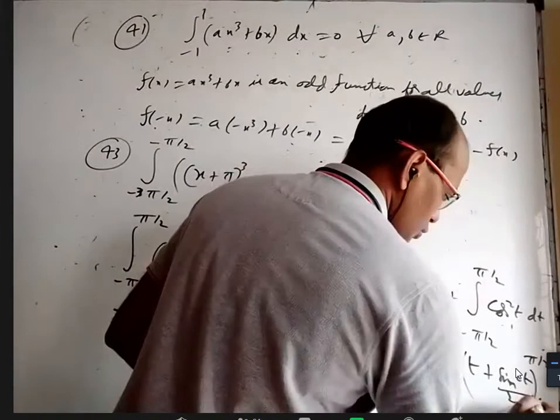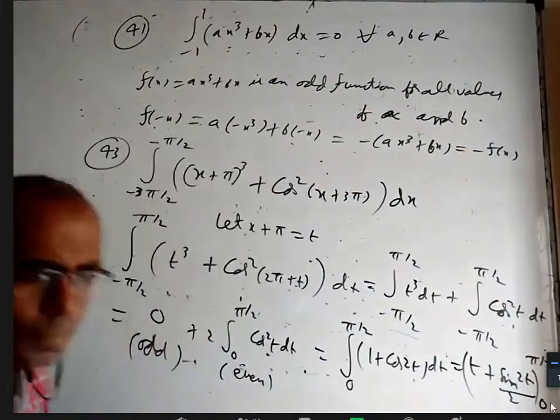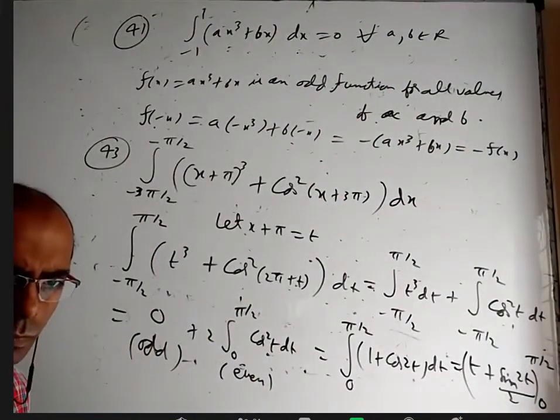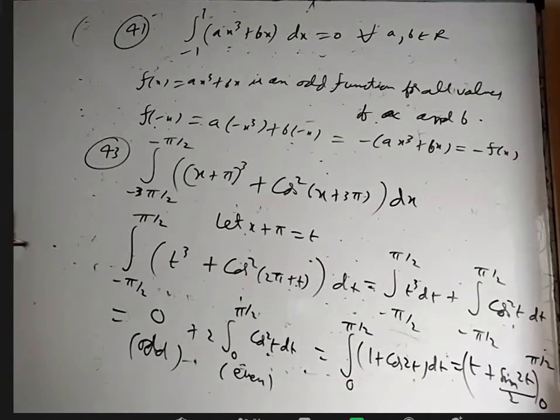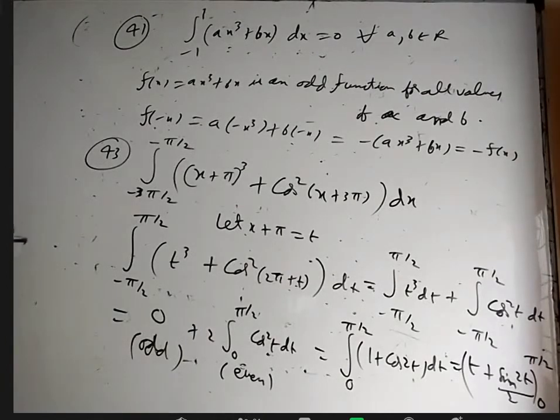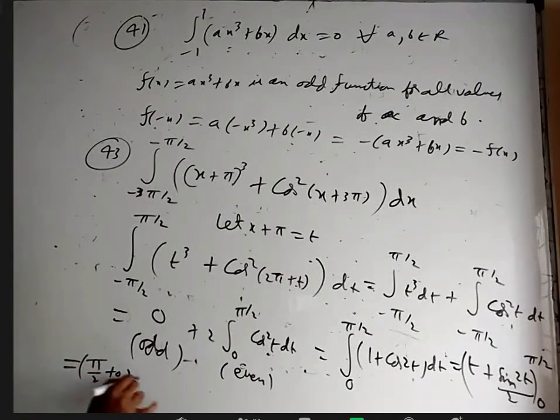This lower limit is 0. Okay, so when I put pi by 2, it is pi by 2 plus 0. When I put 0, it is 0 plus 0. At the end, it is pi by 2.